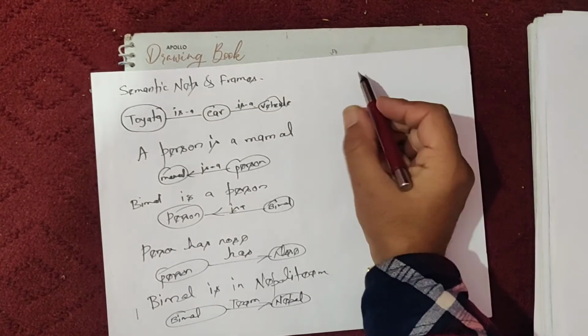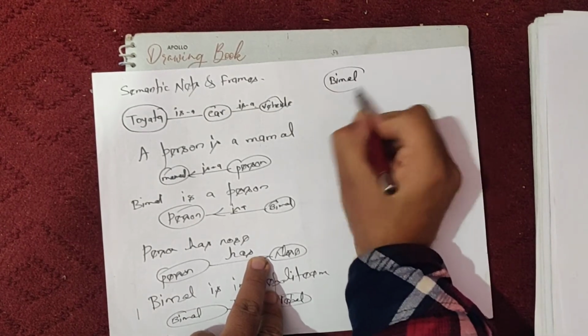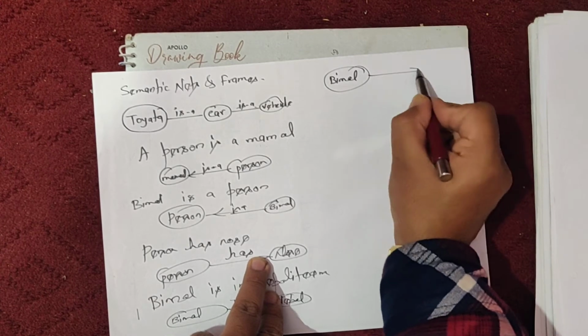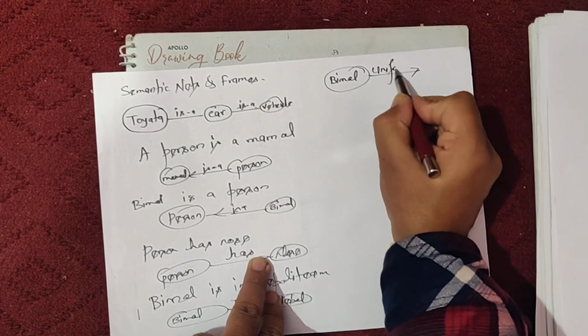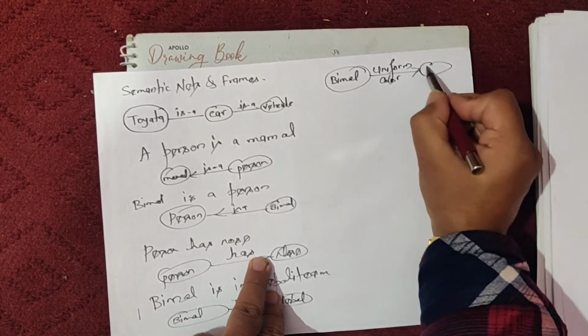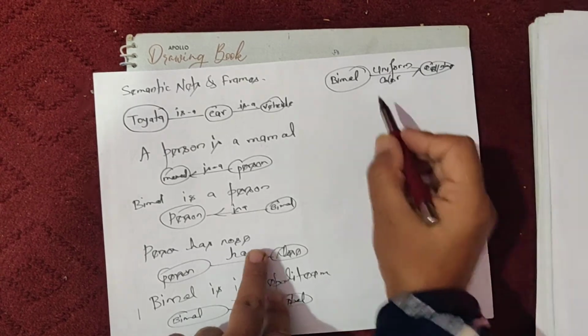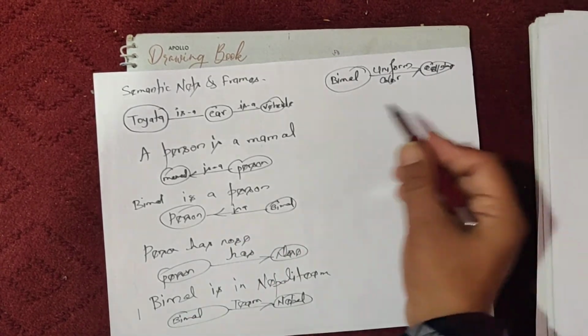Similarly, Bimal uniform color is red or blue. So the uniform color of Bimal is red or blue.